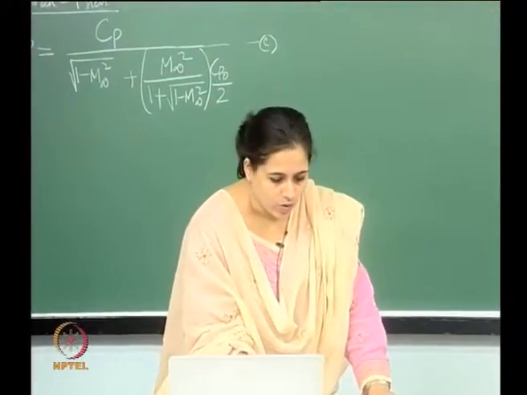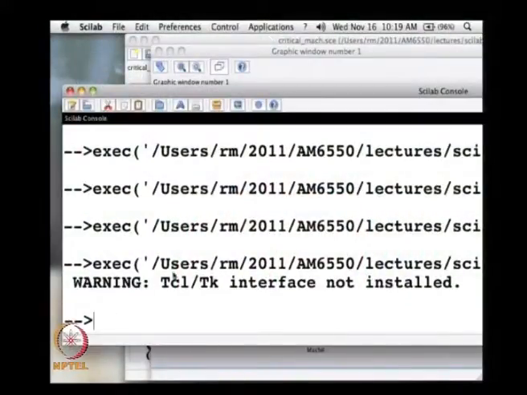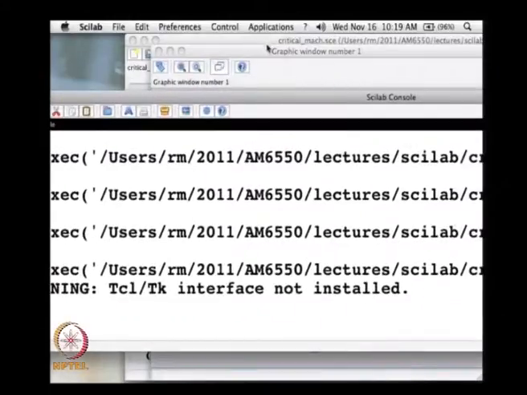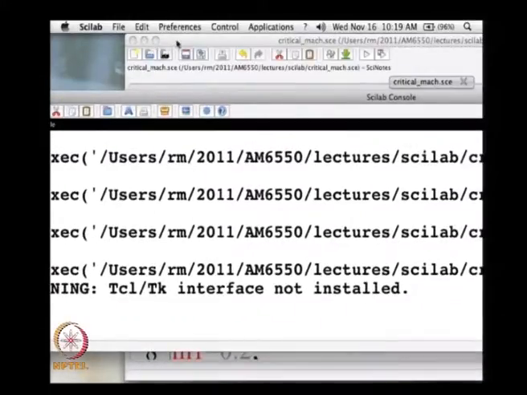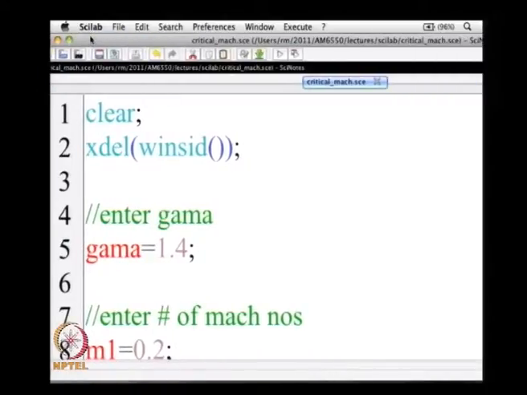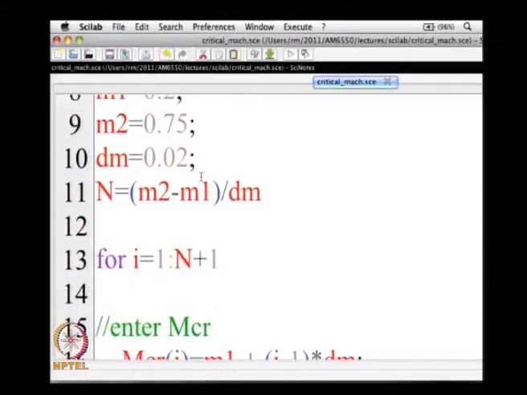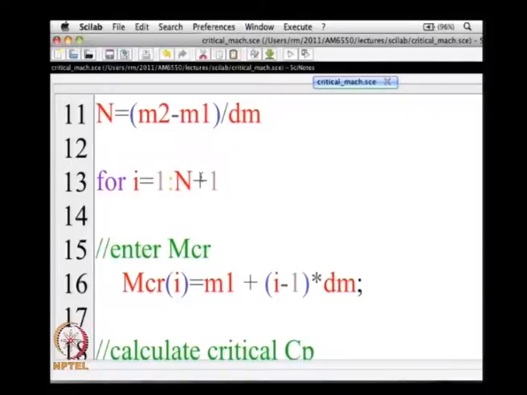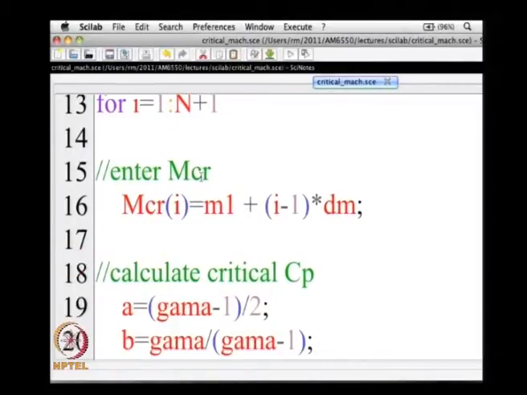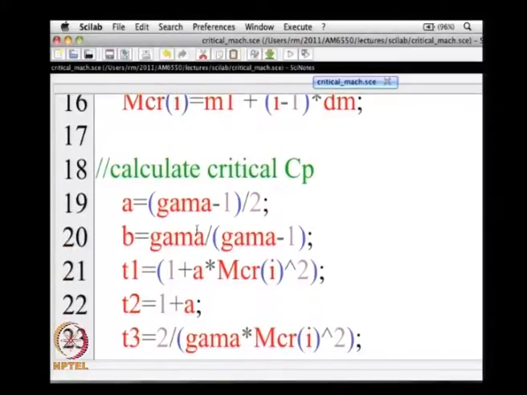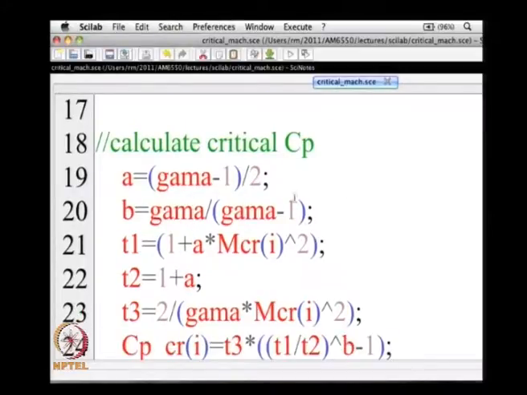What I have done here is, again, I have used essentially Scilab. Having used that, let me show you this. I will plot this and then I will show you. Basically, for a series of subsonic Mach numbers, now if you see, this is the critical Mach number, etc. Then we calculate the corresponding critical coefficient of pressure.